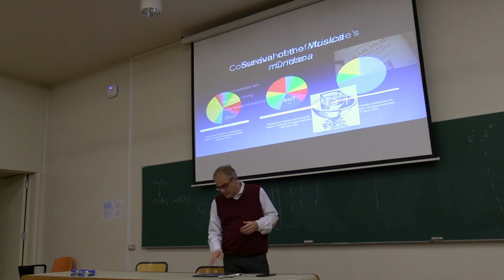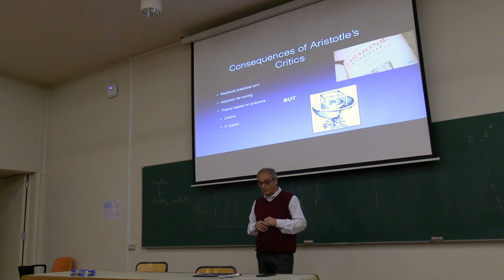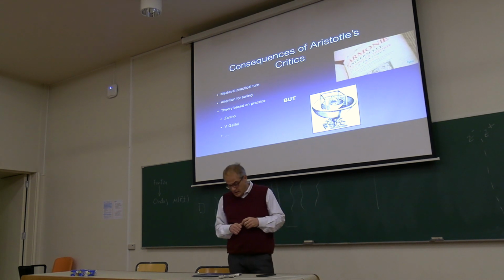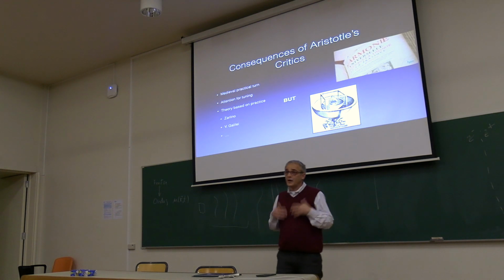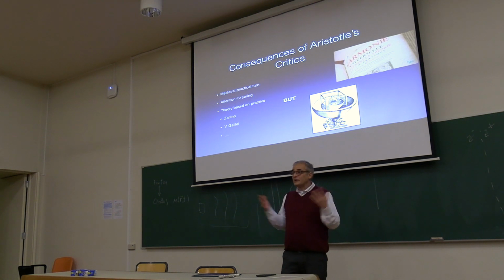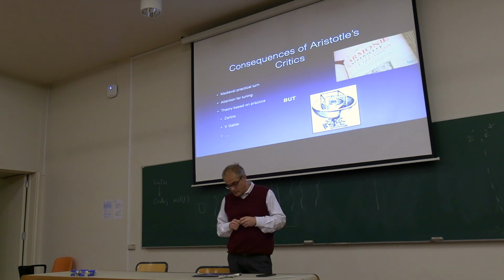So we have the consequences, at least in my opinion, due to Aristotelian criticism, that we already have in the late medieval period a practical turn in music. So we don't have any more music really in the sense conceived by Boethius.